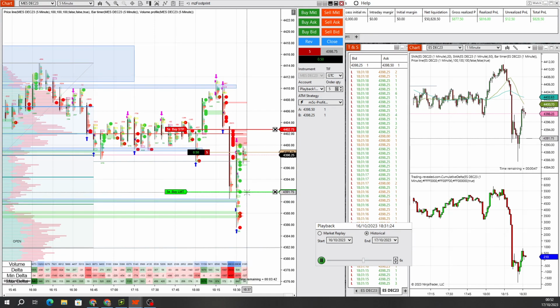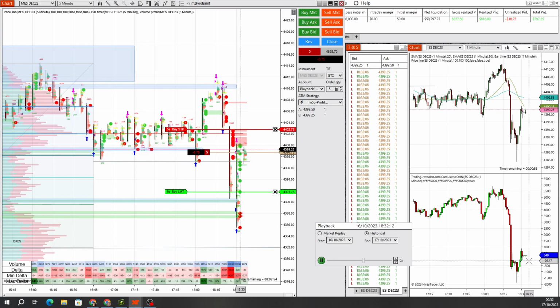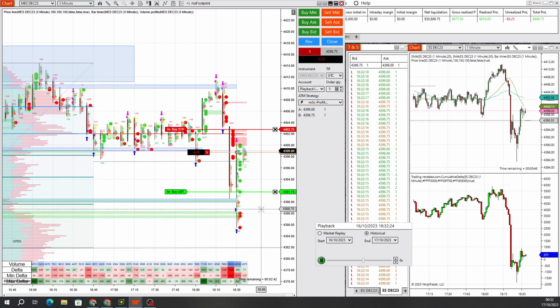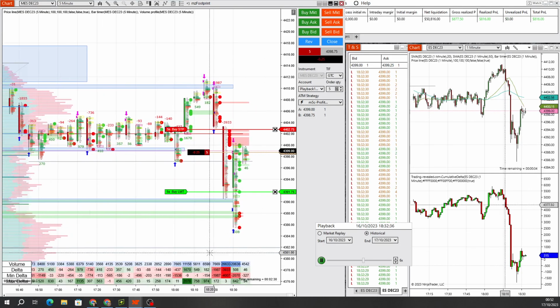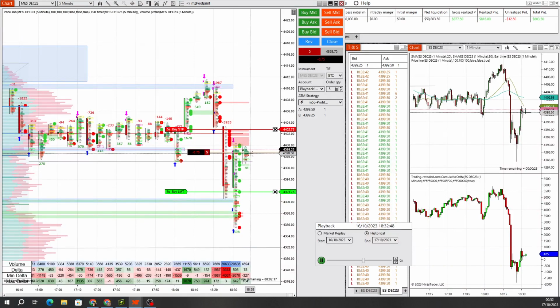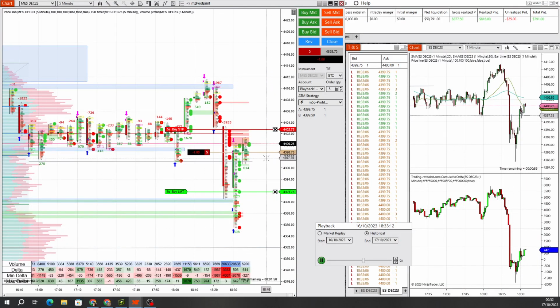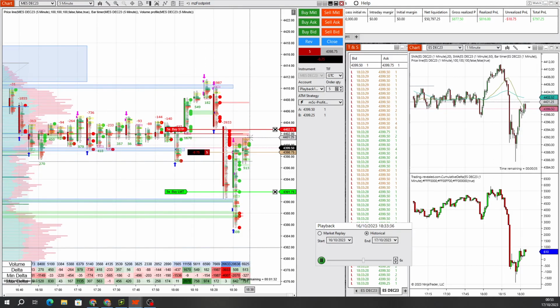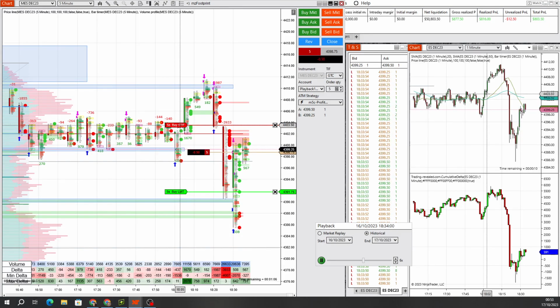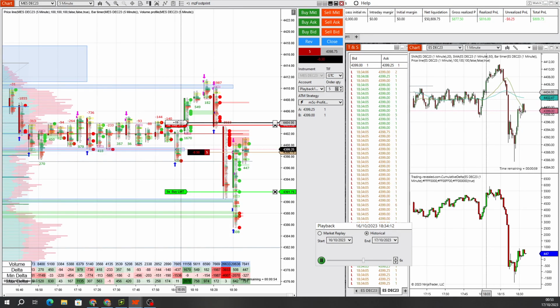We should probably test one more time. Watch delta. A little bit of resistance here. Okay. They tried one more time. I'm just gonna actually go a bit higher with my stop loss. Somewhere here.